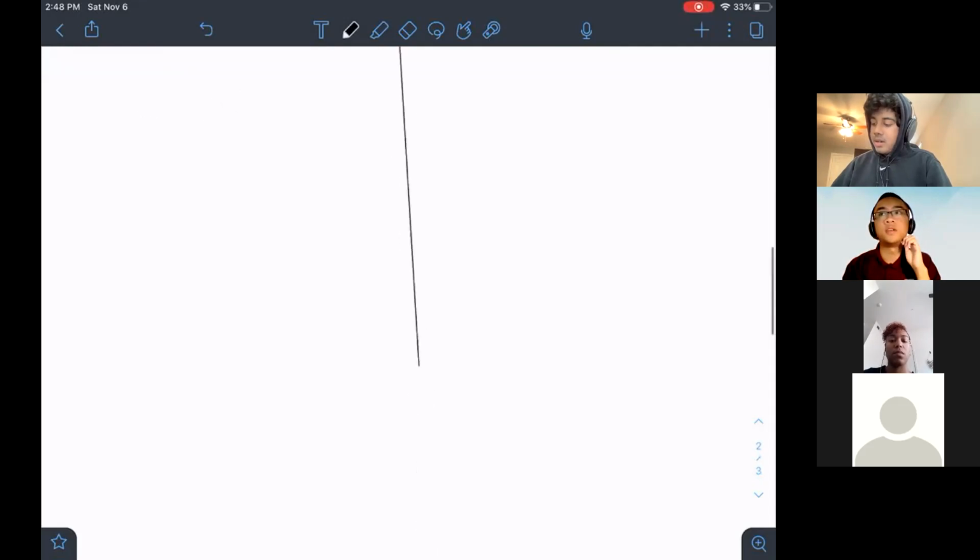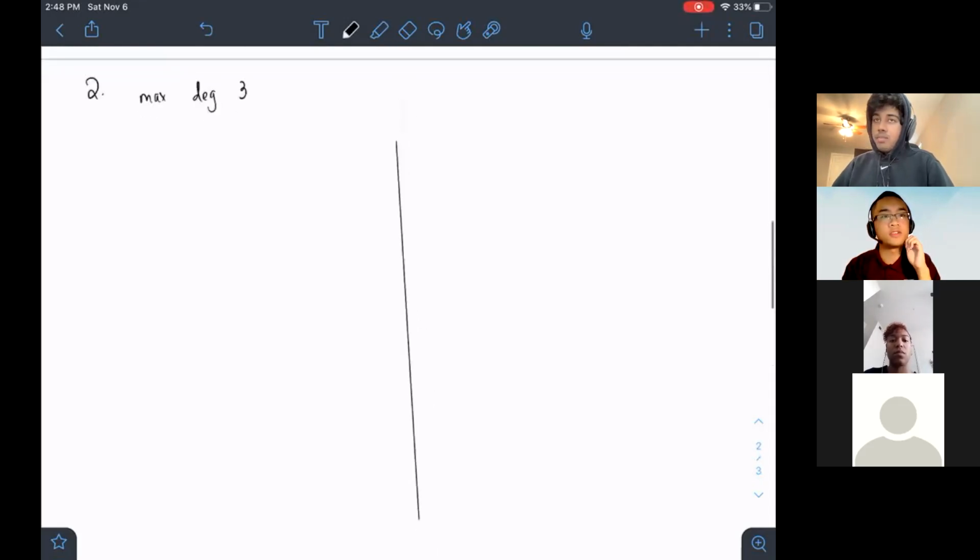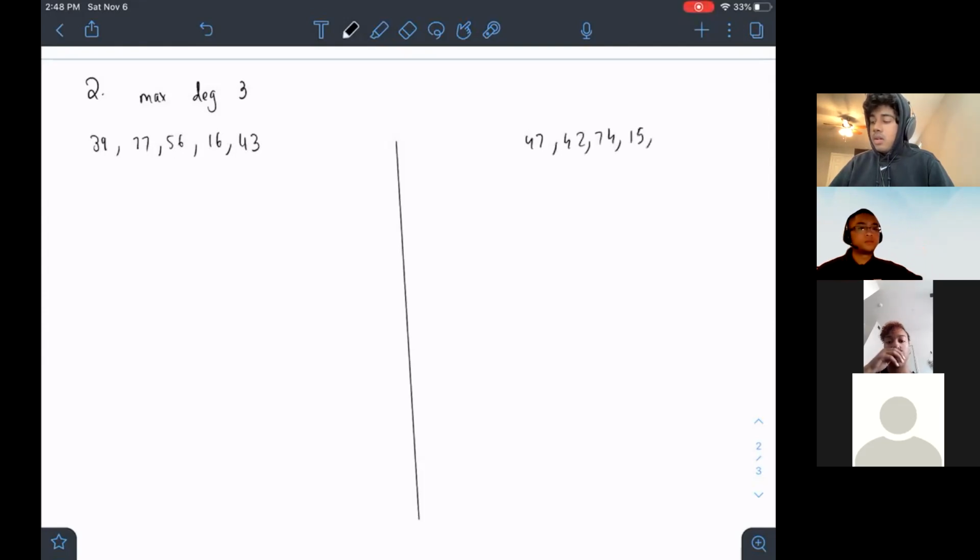So are you drawing it on paper, or are we going to? I'm going to do it on the left and the right. Okay, so it's a max degree of 3. Initially I'll draw it out with the numbers like you did first.